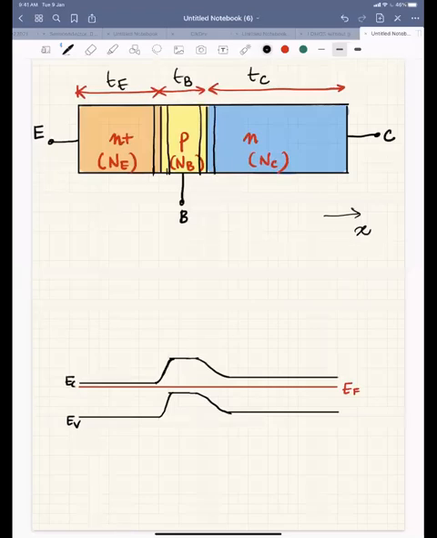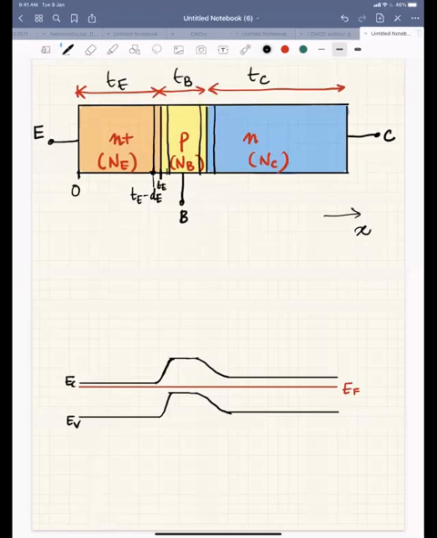So let's say if I take this as 0, then this will be TE minus the depletion region in the N side, which I'll take as dE. This is TE minus dE, and this is TE here.